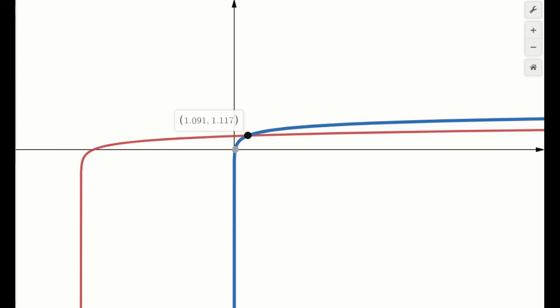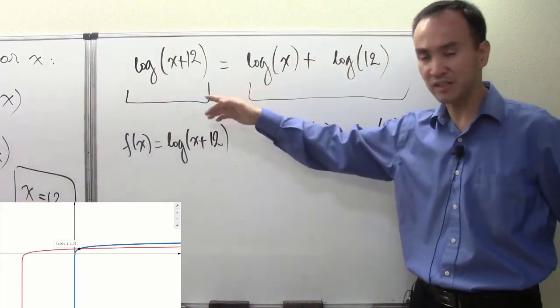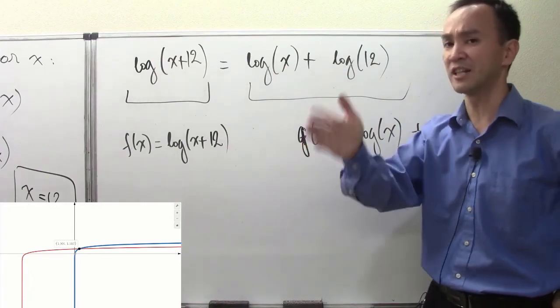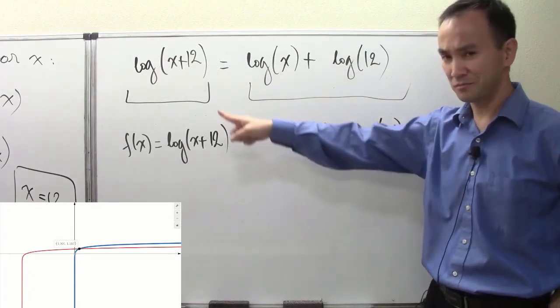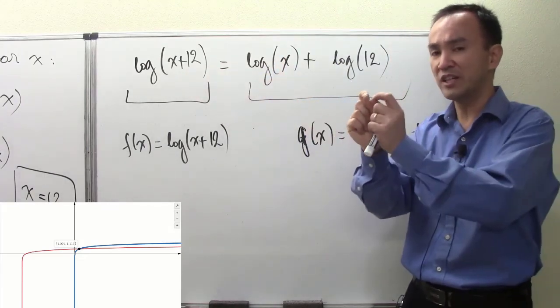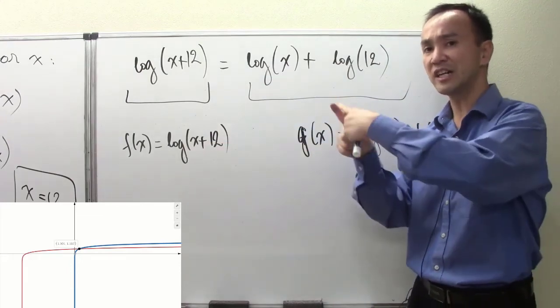So solving an equation like this means there are a lot of occasions where we need to find the x value where the two graphs are crossing each other.